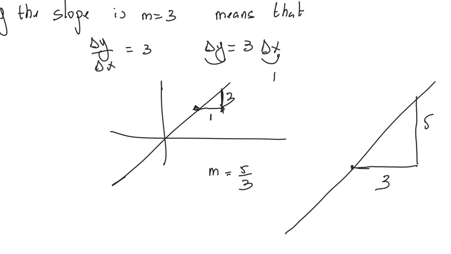In this way, the slope is 5 divided by 3. This is the slope: y2 minus y1 divided by x2 minus x1, where x2 minus x1 is 3 and y2 minus y1 is 5.